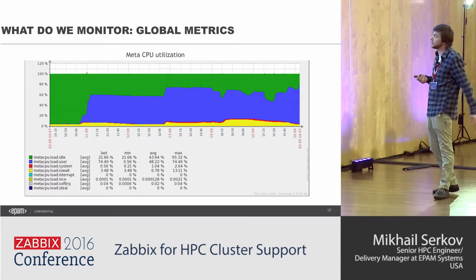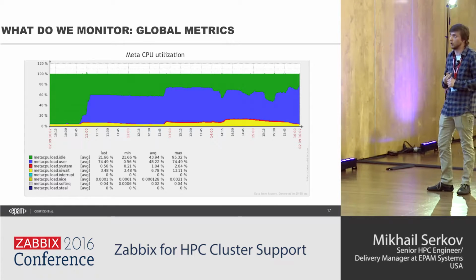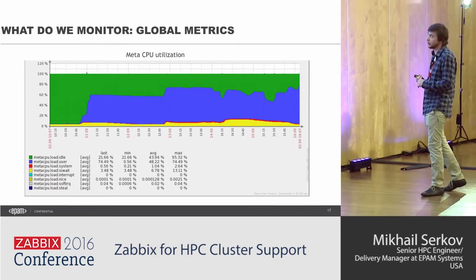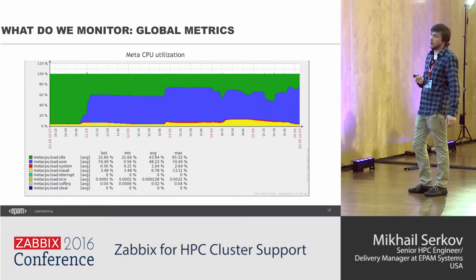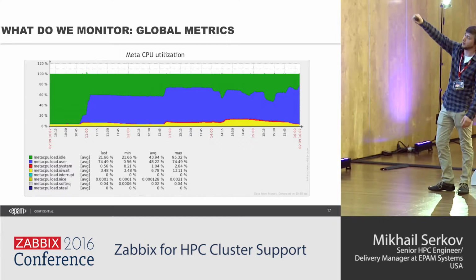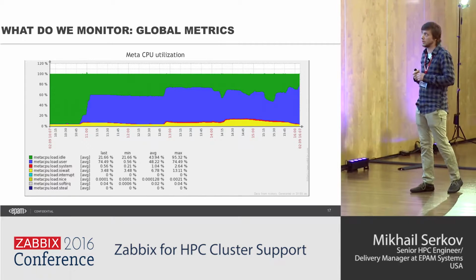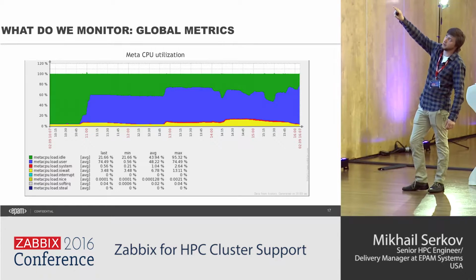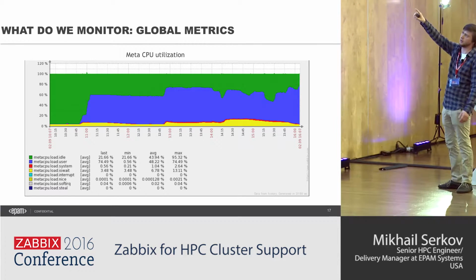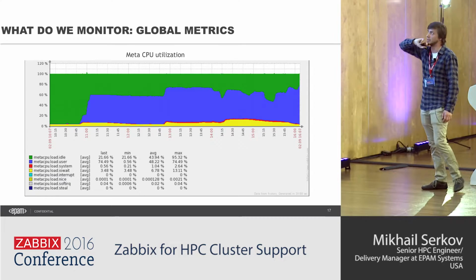Yeah, actually, this is one of the most popular views of the cluster. It's the meta-utilization graph. For instance, here you can see the yellow thing. It's disk waits aggregated across the whole cluster. It doesn't seem so big, like 10%, maybe 15% of disk waits.